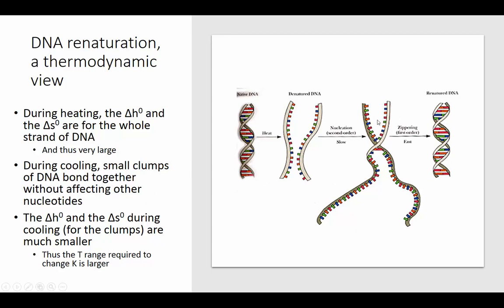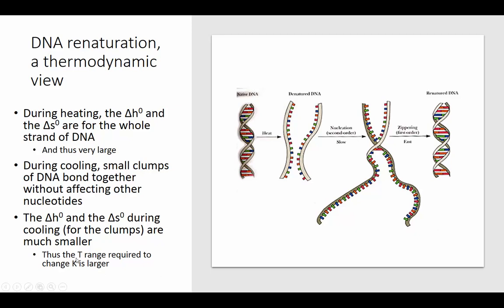But there's still going to be large sections of DNA that haven't come together and rebonded yet. So the clumps of DNA will bond together without affecting the other nucleotides. And this will just happen over time. And so basically you have to consider the delta H and the delta S during cooling for these clumps. And those are much smaller than the delta H and the delta S we consider for the entire strand of DNA during heating.